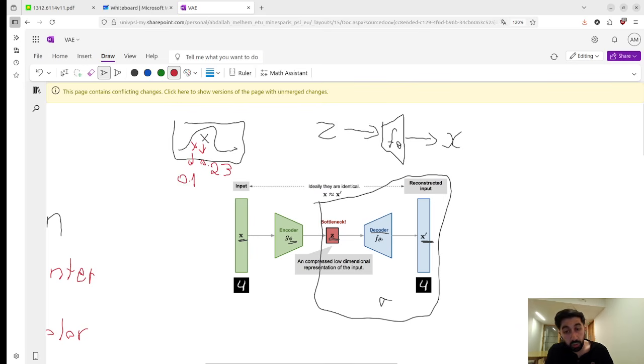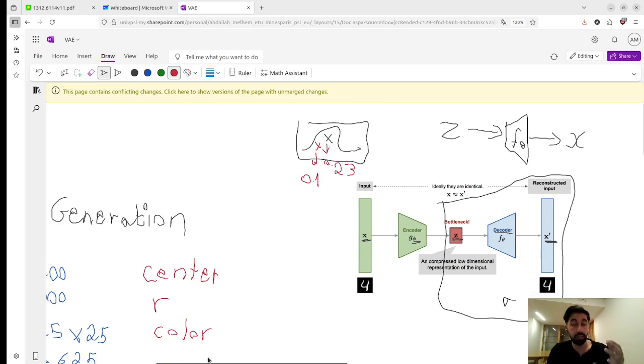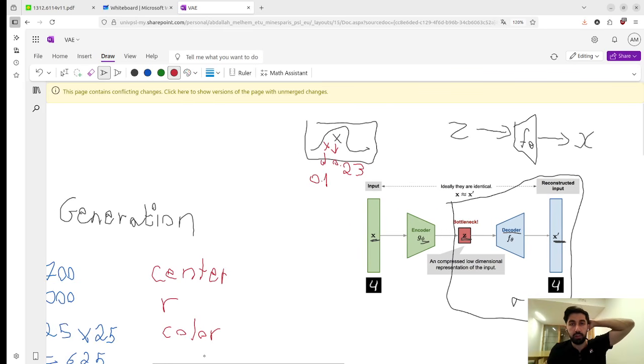Now, the decoder network is fixed, so the weights are fixed at the end of the training. However, Z varies because it follows a normal distribution. So for every different value of Z, which is a continuous variable, you should be able to get a different generation, a different image. So this is related to the two parts, training and generation.